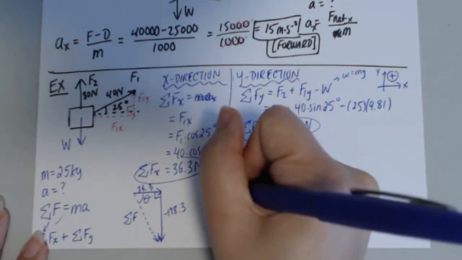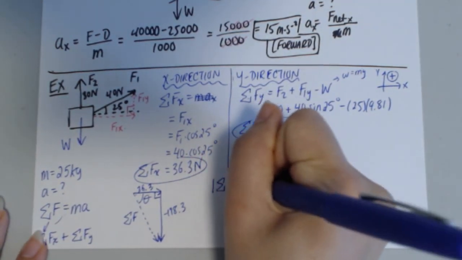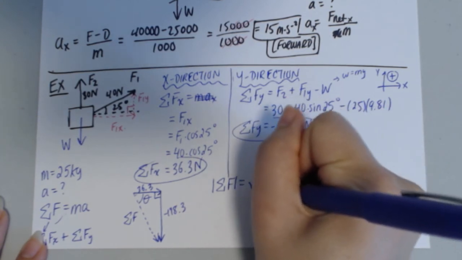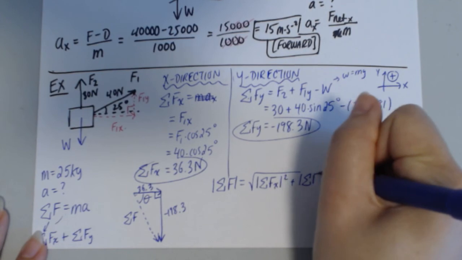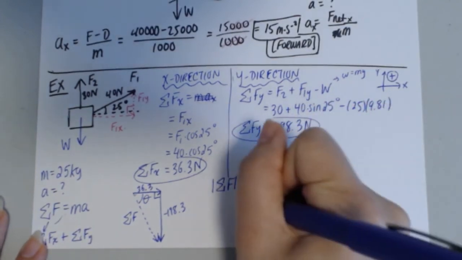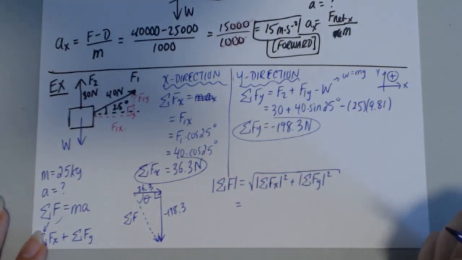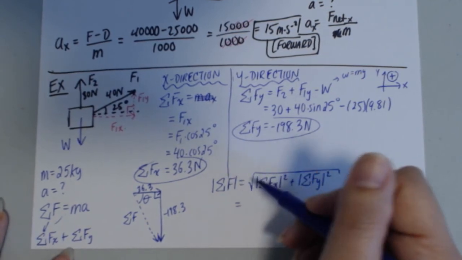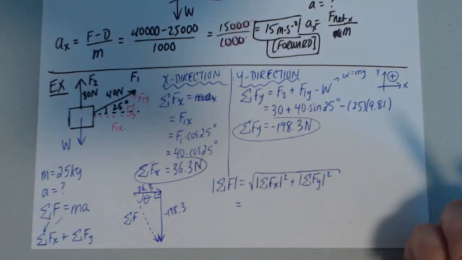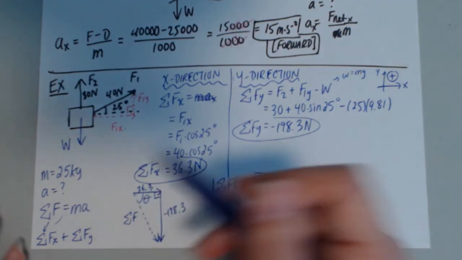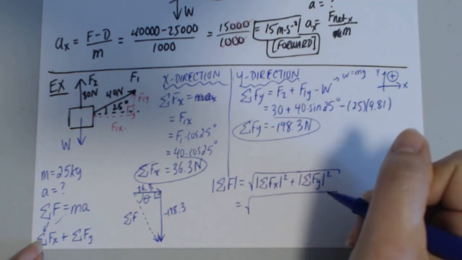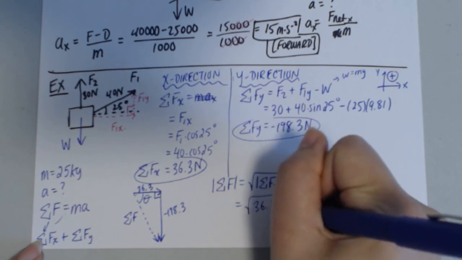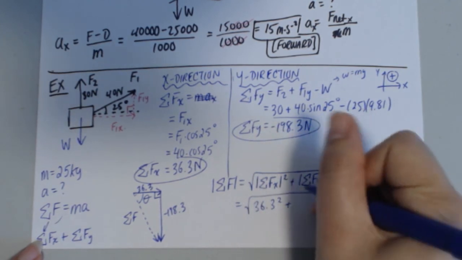All right, so the magnitude of the sum of the forces is equal to, using Pythagorean theorem, the magnitude of the sum of the forces in the x squared plus the magnitude of the sum of the forces in the y direction squared. So notice this part's exactly the same, except instead of the sum of the forces being equal to 0 for balance, it's going to be equal to mass times acceleration. All right, so that's going to be 36.3 squared plus its magnitude.